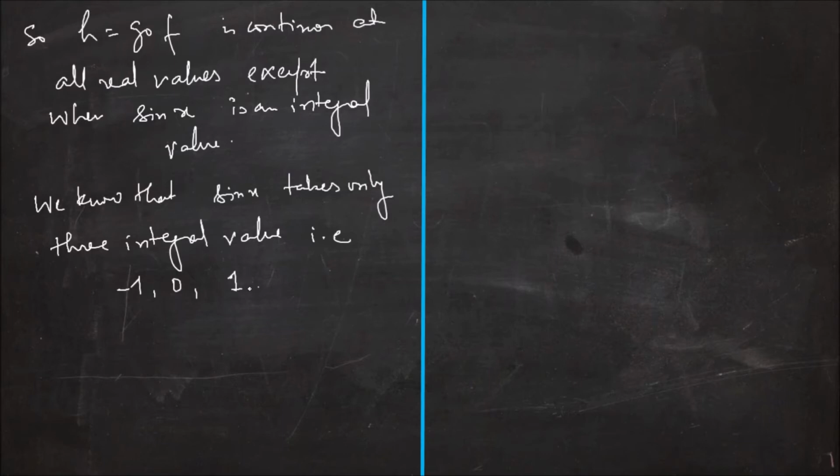So we have to find points at which sin x is equal to 0, points at which sin x is equal to -1, points at which sin x is equal to 1.